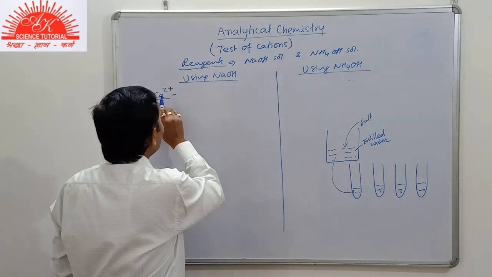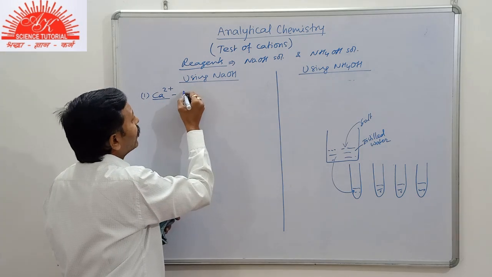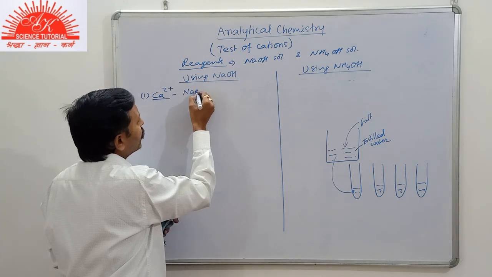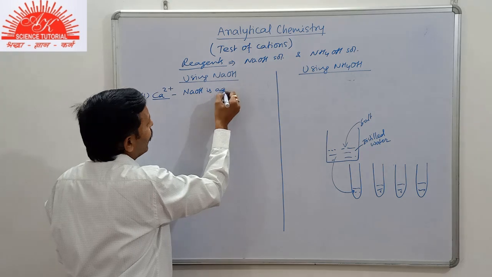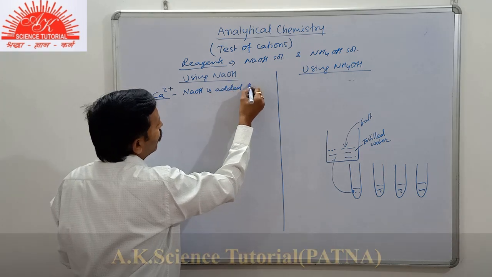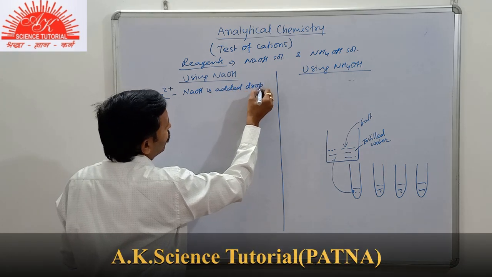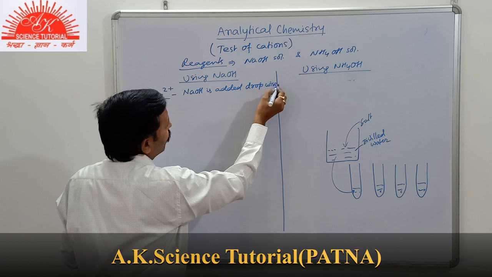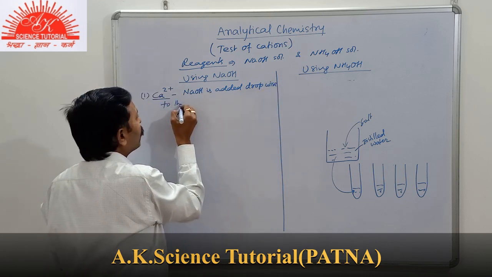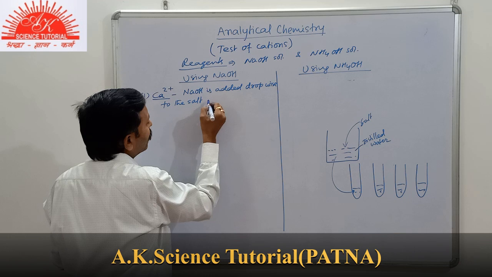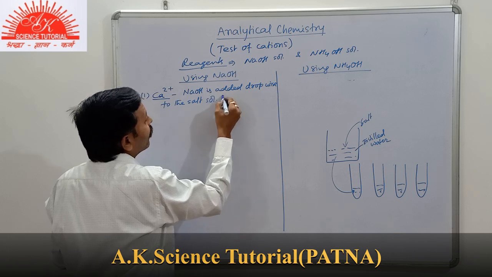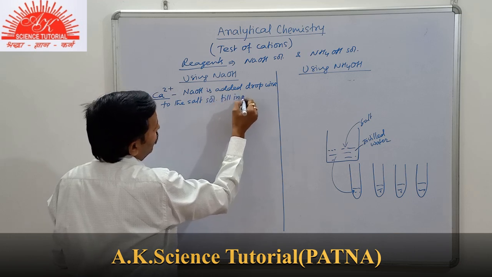So in the first part we write here: NaOH is added dropwise to the salt solution till in excess.